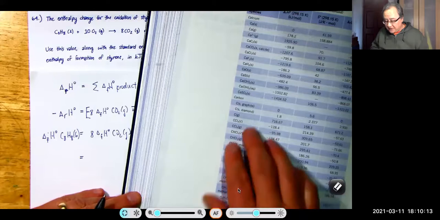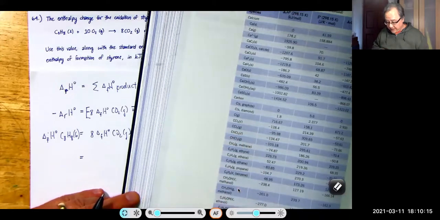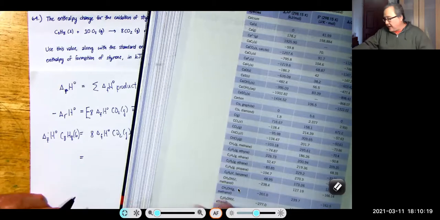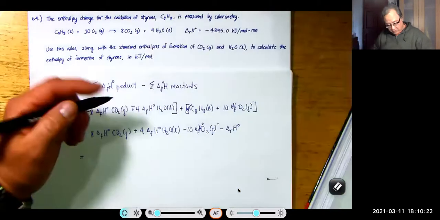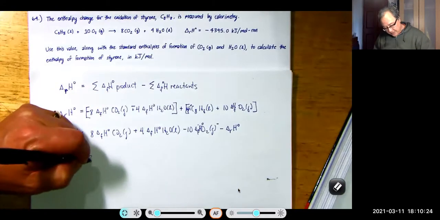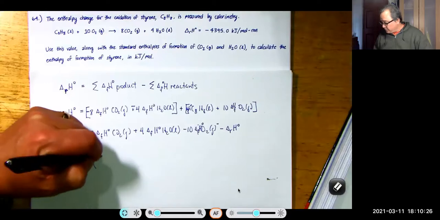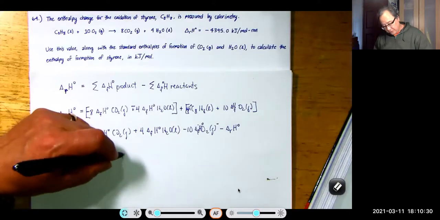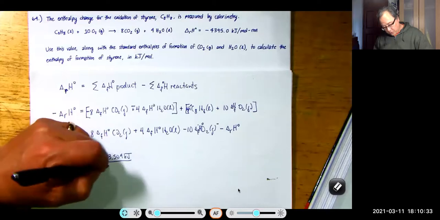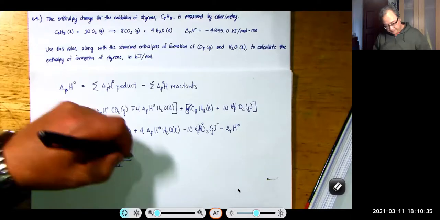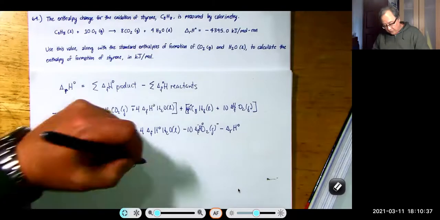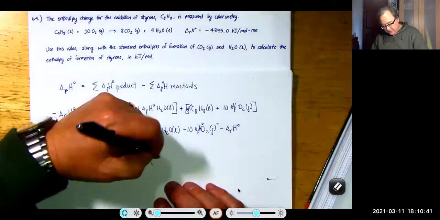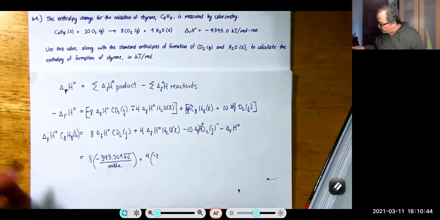So for carbon dioxide, I see that the enthalpy of formation for the gas is minus 393.509 kilojoules per mole. So I have 8 times negative 393.509 kilojoules per mole. And for H2O liquid, we have 4 times negative 200, and I want to say 40 something.